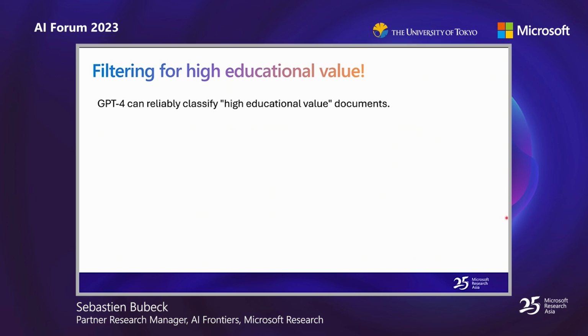GPT-4, which is unlike anything we have ever seen before, and in fact, we have not yet seen anything that even equals it so far. So we have this amazing tool. Let's use it. GPT-4 can tell the difference between the two documents on the previous slide. It can tell you that the one on the left is of much higher educational value. So why don't we use GPT-4 on the trillion tokens that I told you about, right?